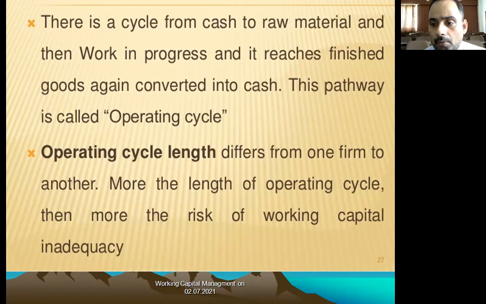The longer the operating cycle, the greater the risk of working capital inadequacy. If your length is high, meaning the number of days you take to complete this process, then definitely your working capital gets blocked. When your working capital is blocked, the risks will rise. So the short cycle is efficient.